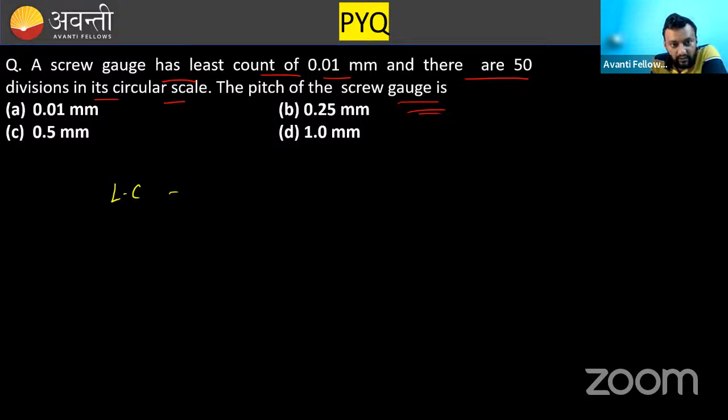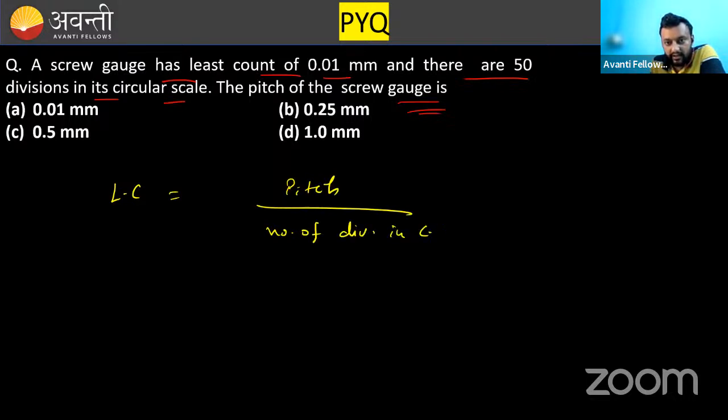We know that least count is equal to pitch divided by the number of divisions in the circular scale. CS means circular scale. So we need to calculate the pitch. Pitch is equal to least count, 0.01 mm, into number of divisions, 50. This is 0.5 mm.